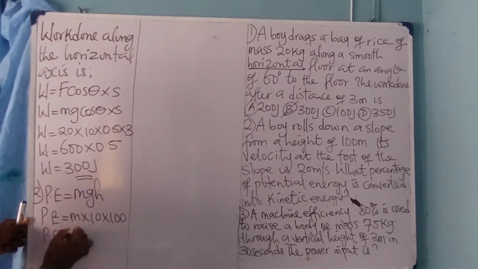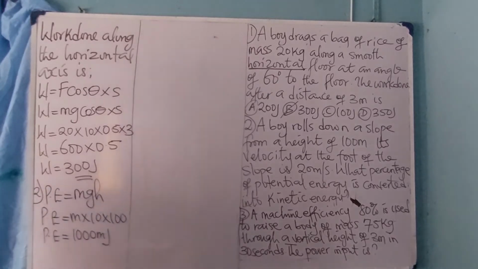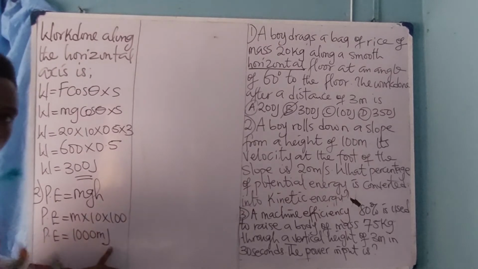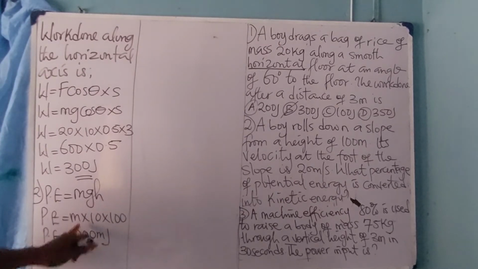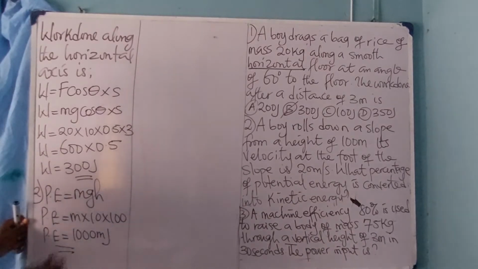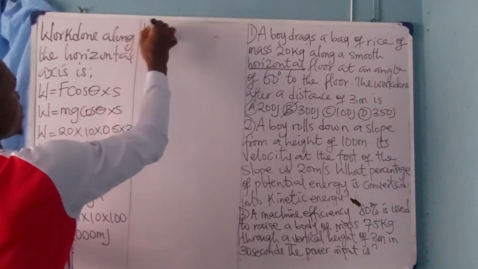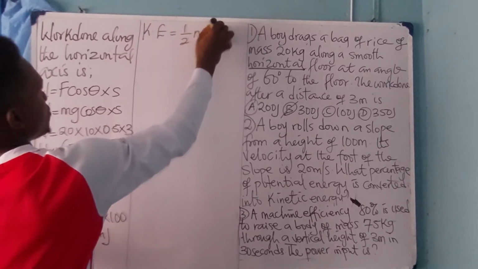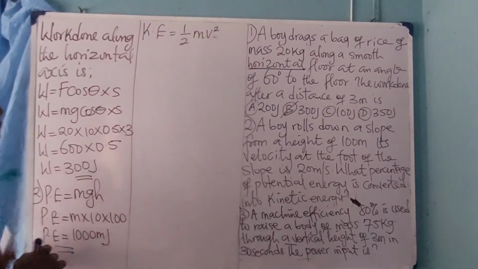Pe is equal to 1000m joules. You know the SI unit of work done is joules, all right? The mass that was not given is this m. This one is for potential energy. Then kinetic energy is usually 1 over 2 mv squared, all right?